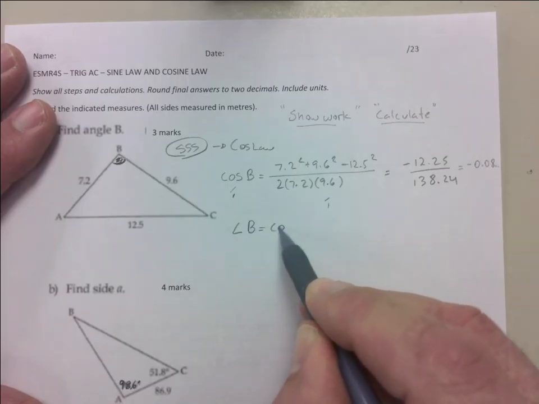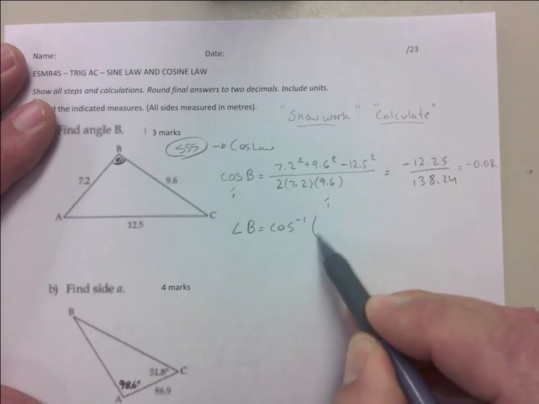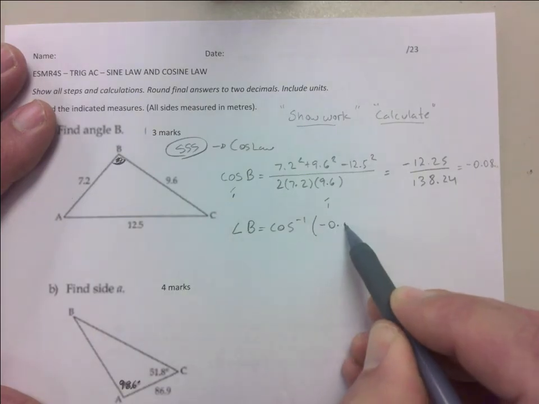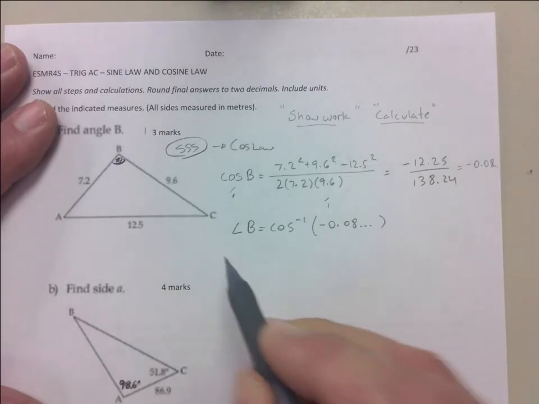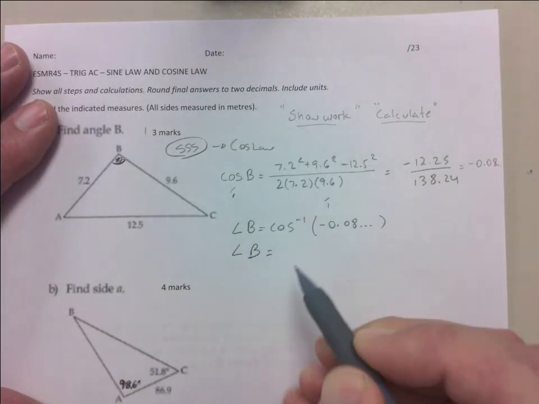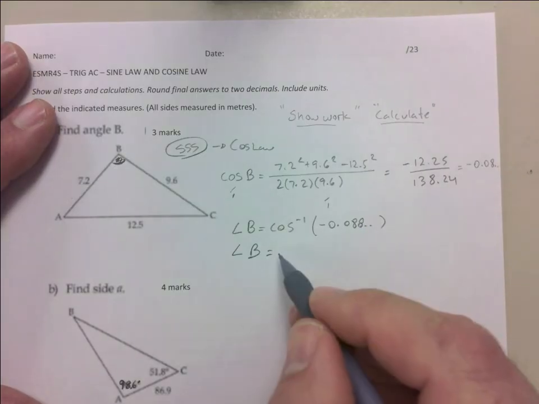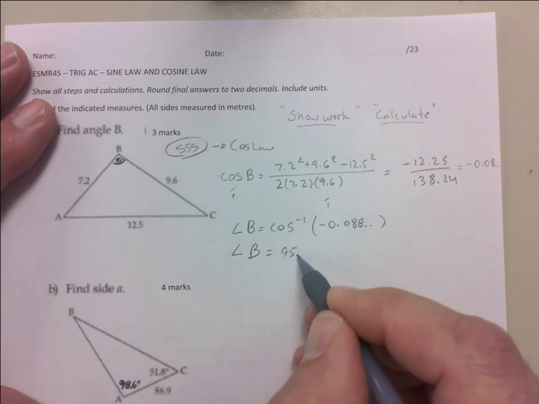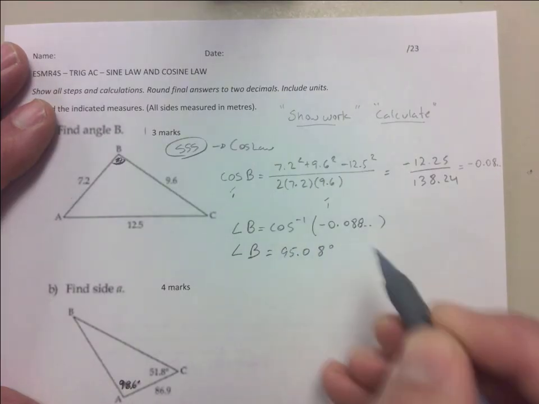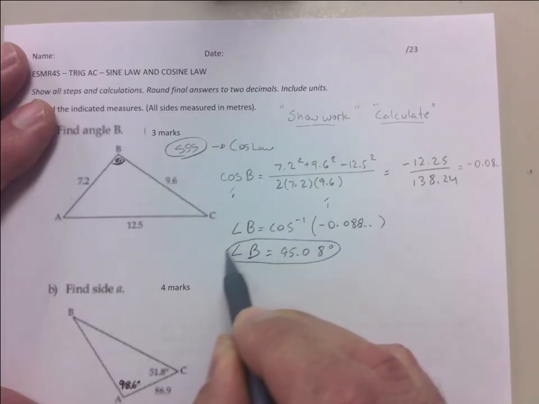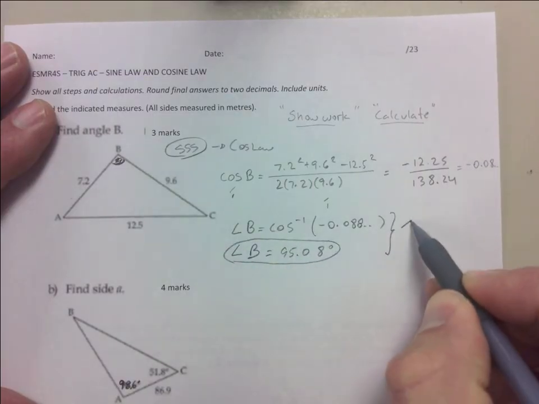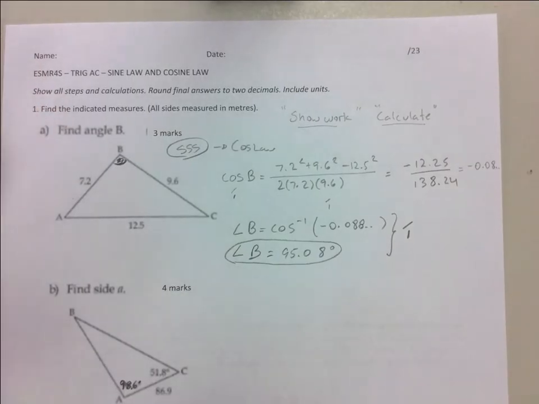Angle B is cosine inverse of this, -0.08, and that just keeps going. Have a few more decimals than that. And your angle is 95.08 degrees. So for the correct final answer and the work that goes in between, you'll get a mark for that.